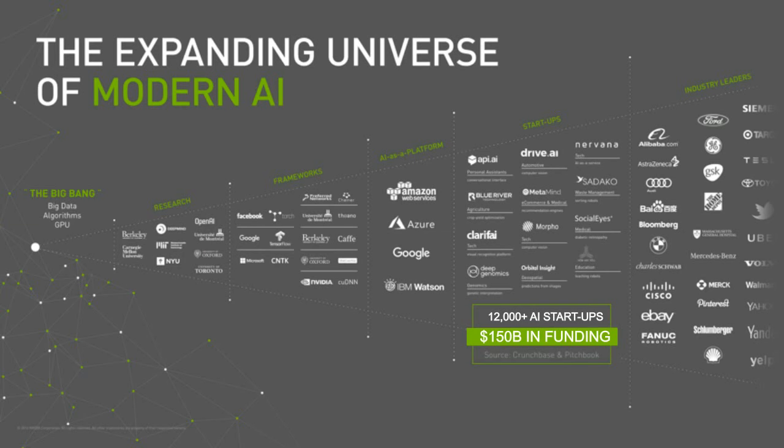This significantly reduced the capital costs and time investment for startups, which motivated a huge influx of venture funding for deep learning startups. In early 2017, there were about 1,000 AI startups and about $5 billion in funding to fuel them. Now, just a few years later, there are more than 12,000 startups with over $150 billion funding them.